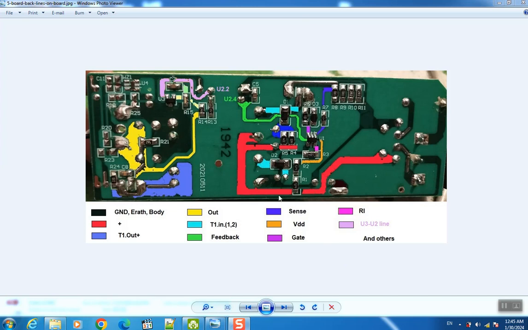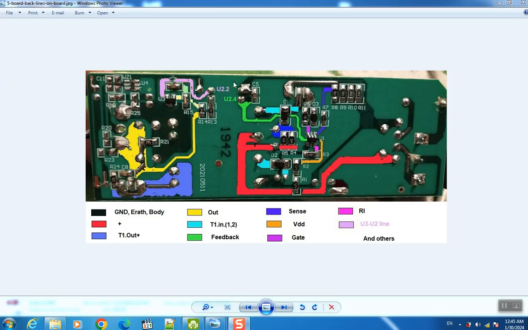After that, I can measure the voltage of some points, including output voltage and the CY1, which first pin is here and the second pin is here.